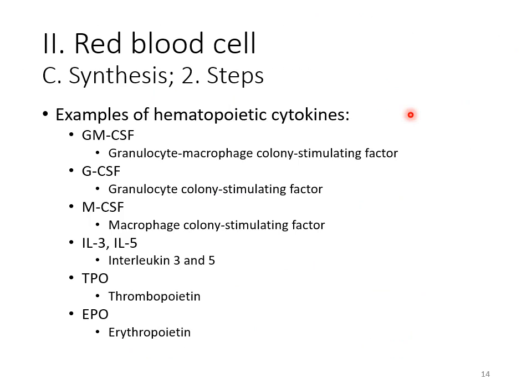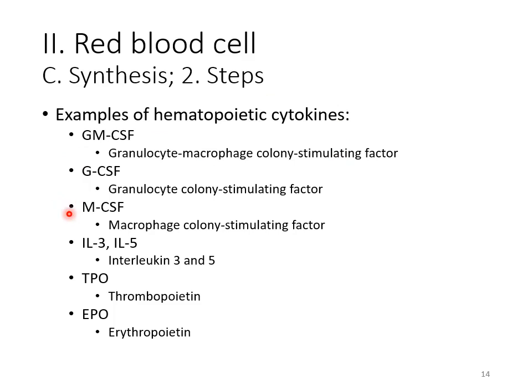Given that all of those blood cells come from the same origin, what causes their differentiation? What causes a pluripotent hematopoietic stem cell to differentiate into several different blood cells? This is due to hematopoietic cytokines.